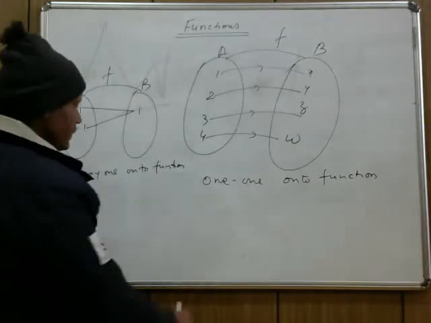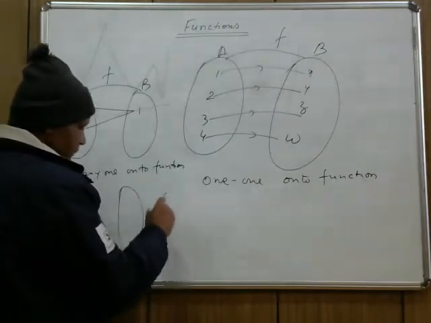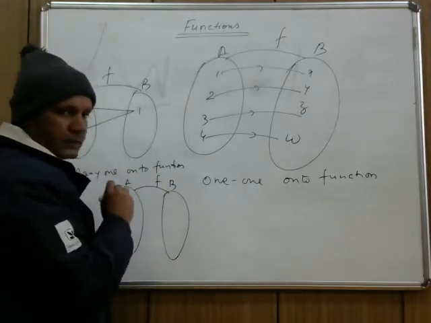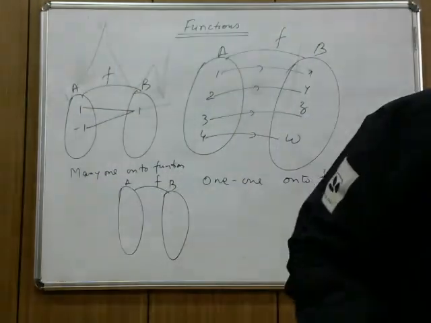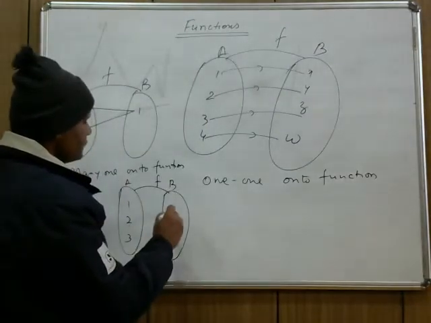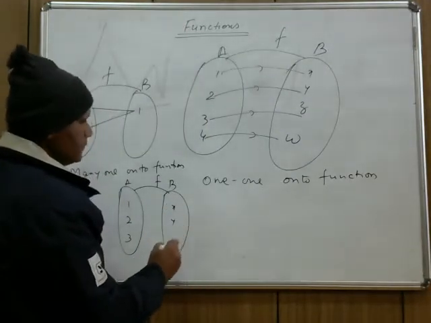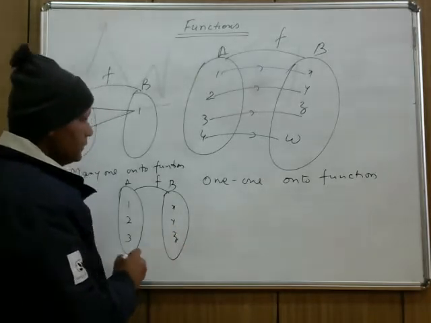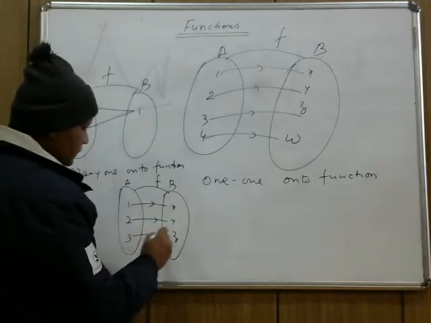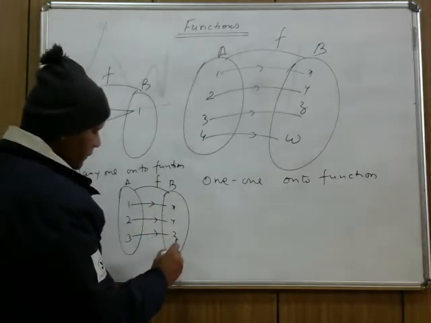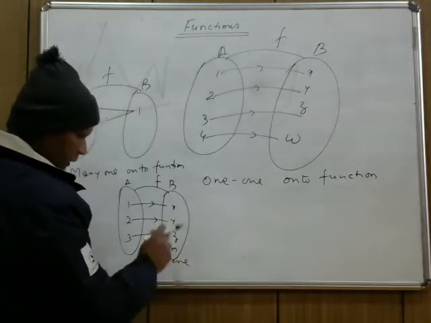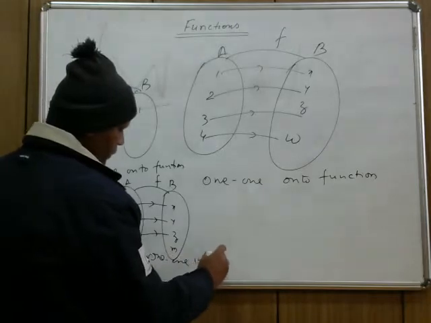Right? Now, if I write here A, B, rule F applied on this, right? And here suppose we write 1, 2, 3, x, y, z, right? 1, 2, 3, and if I write here now m, this is what? 1-1 into function.